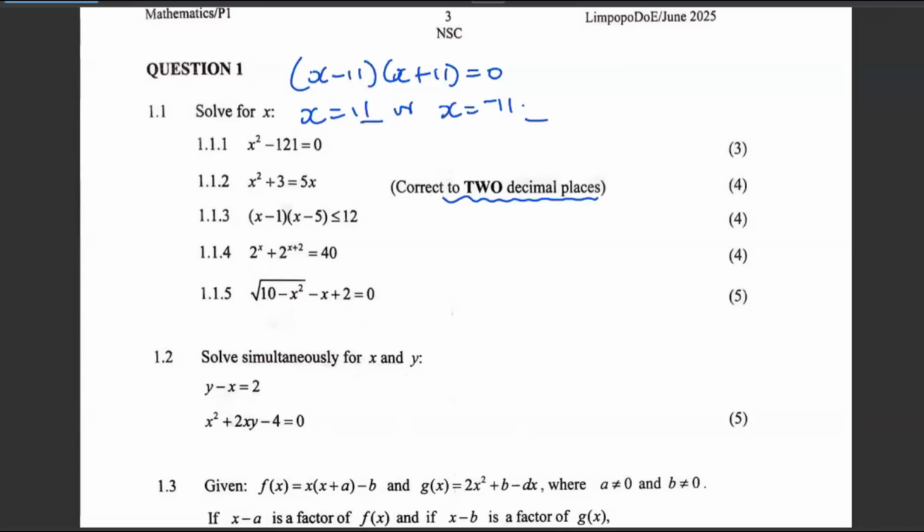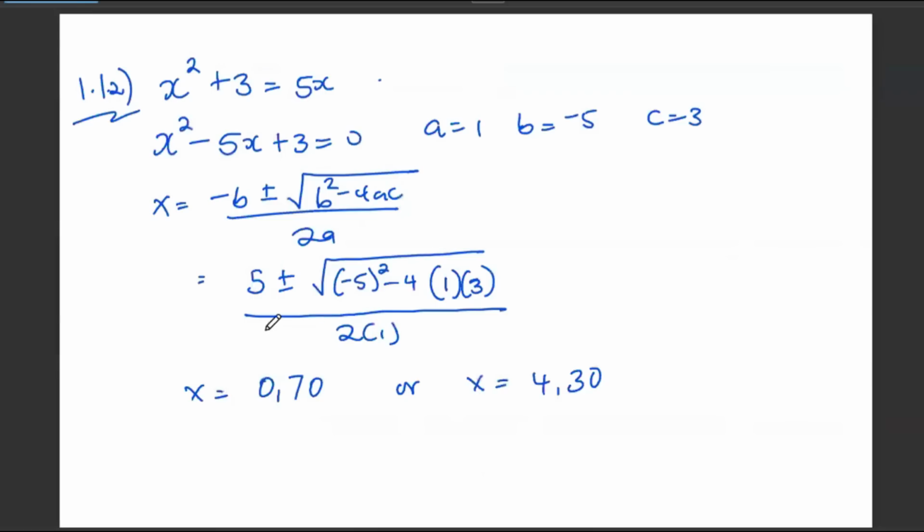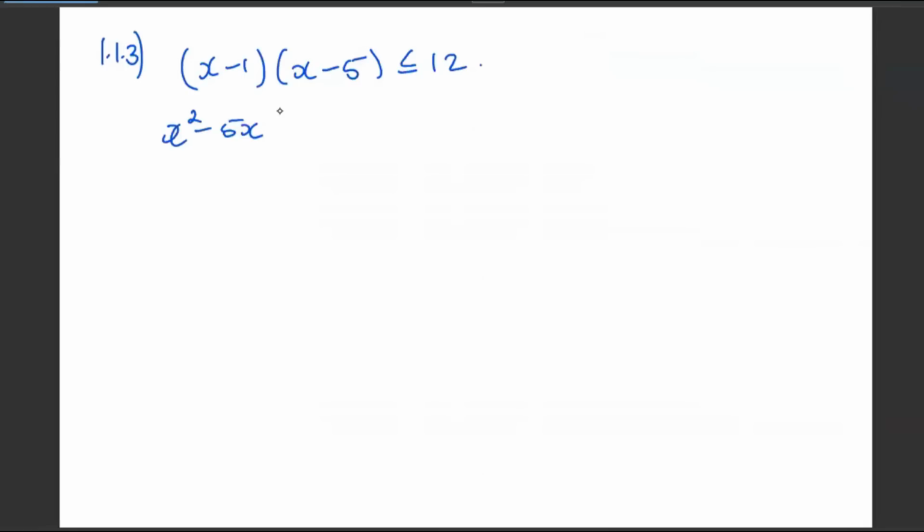Then 1.1.3, we have a quadratic inequality. (x minus 1)(x minus 5) is less than or equal to 12. First things first, we need to open up the bracket. Opening the bracket, we're going to have x squared minus 5x minus x plus 5 minus 12 is less than or equal to 0.